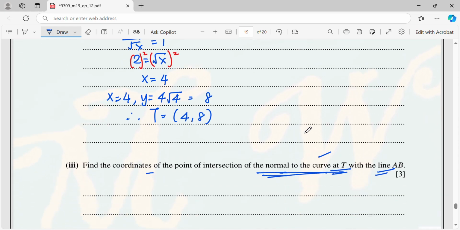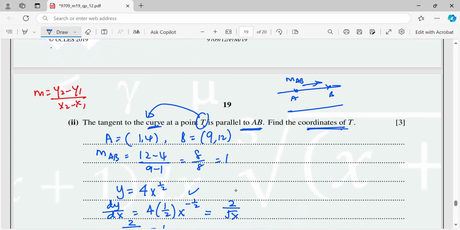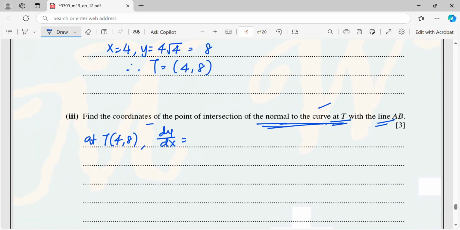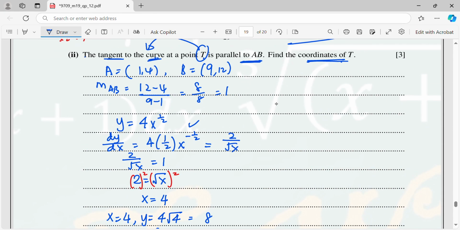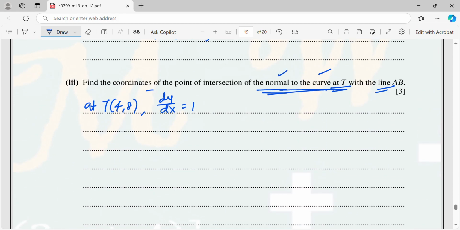So at T with coordinates (4, 8), my dy/dx, go back to the previous question. It's mentioned that the tangent is parallel to AB. That means the gradient of the tangent is 1 because the gradient of AB is 1, right? So now we need to find the normal. So m normal equals negative 1 over dy/dx. That means it's going to be negative 1. This is my gradient of the normal at the point T.